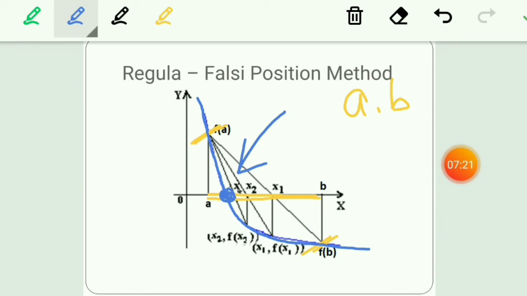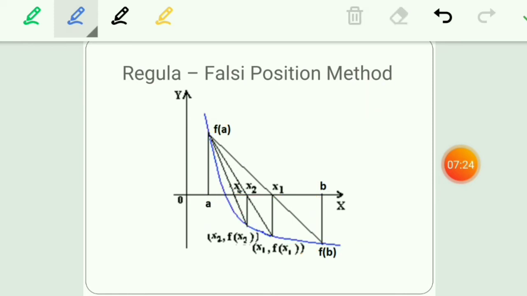So what I am doing, I am using the a and b range, this range, and then I have to find this point. So here we have used different straight line equations, and then you can see that slowly we are converging from point b to point x1, and then x1 to x2, and then x2 to x3, and so on, and we are slowly converging towards the required point, that is towards the root of this equation.